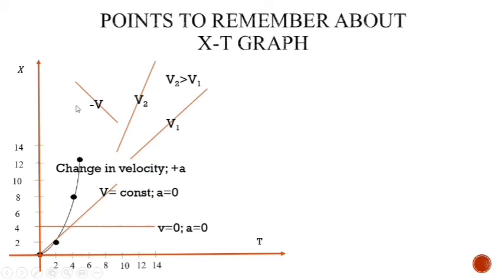In this case, if you see, as the time increases, the displacement decreases, and displacement decreases means it is negative velocity. This curve, we can say, if somebody is looking from the top, is a concave curve, which indicates the positive acceleration. But in case of a convex curve, if you look from the top, it is a convex curve.